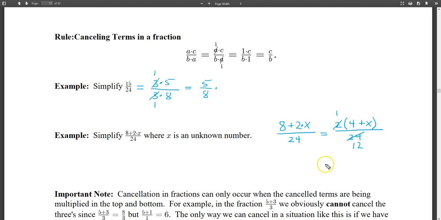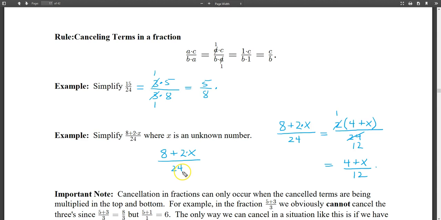And then we have our answer of 4 plus x divided by 12. And so that's how this quantity simplifies. Notice how we think of factoring out a common factor in the numerator and then canceling it with a factor in the denominator. Now, you can just do this quickly in your head if you want. You don't have to go through this process we went through here. If you notice, we could just do this.